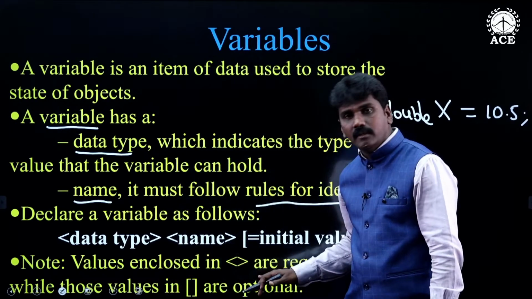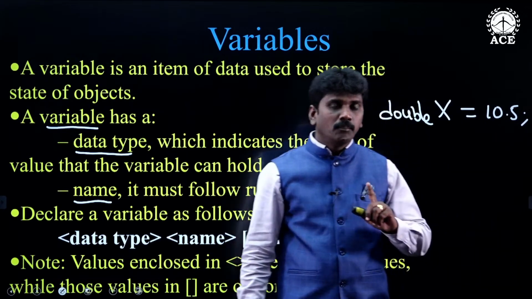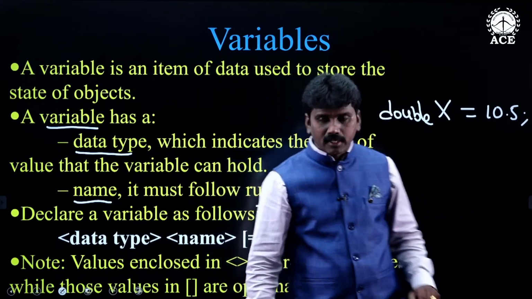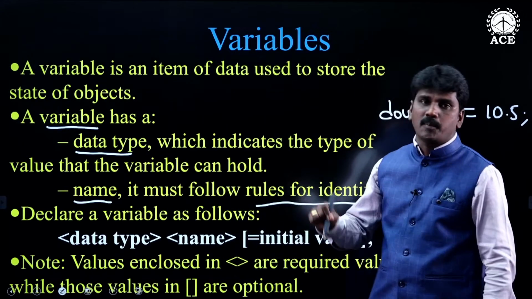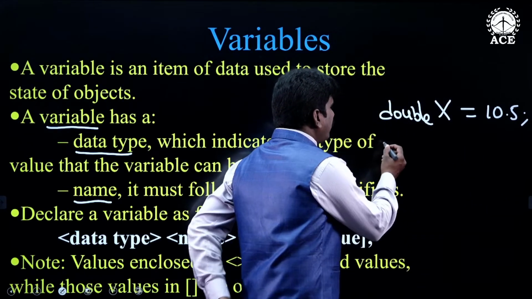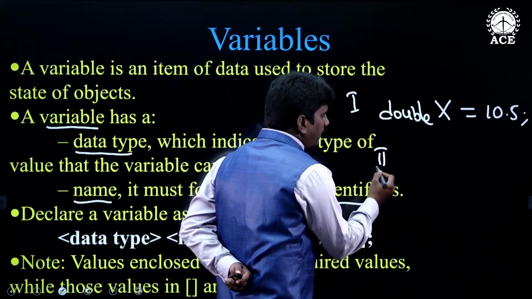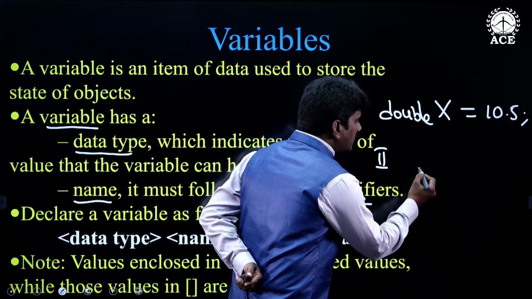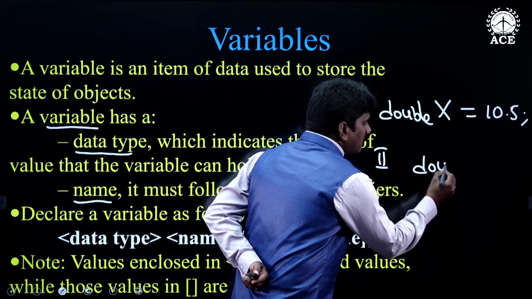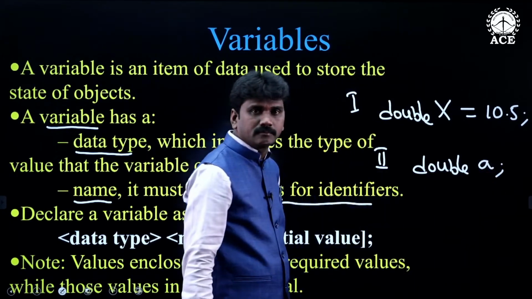According to this statement, data type and name are both essential, but whether we assign the initial value or not is optional. That is case 1. In case 2, for the declaration of the variable, for example: double space a semicolon.